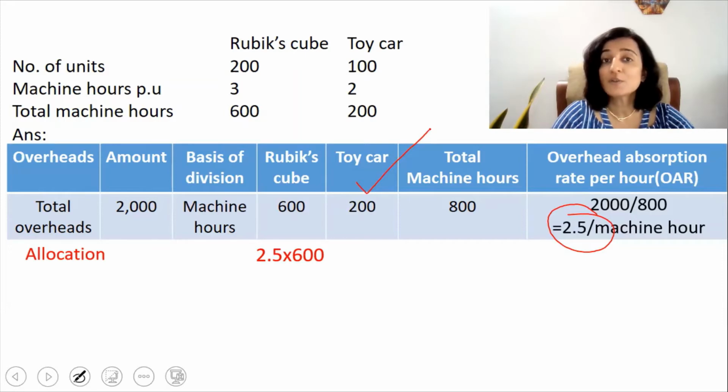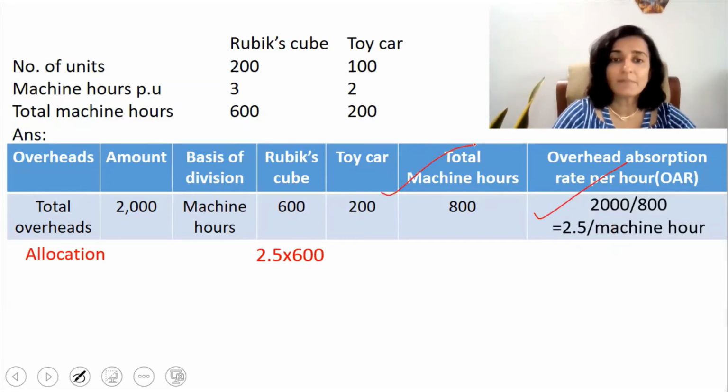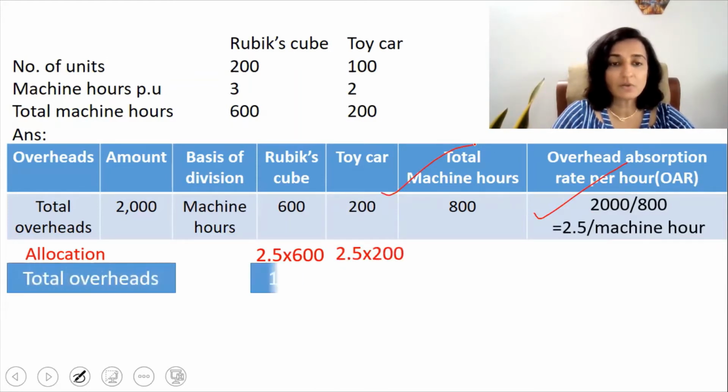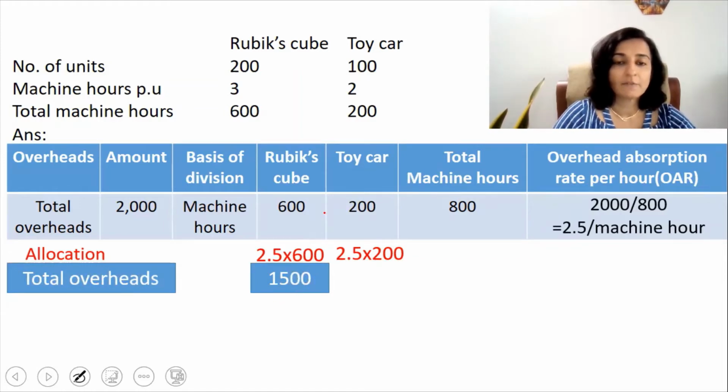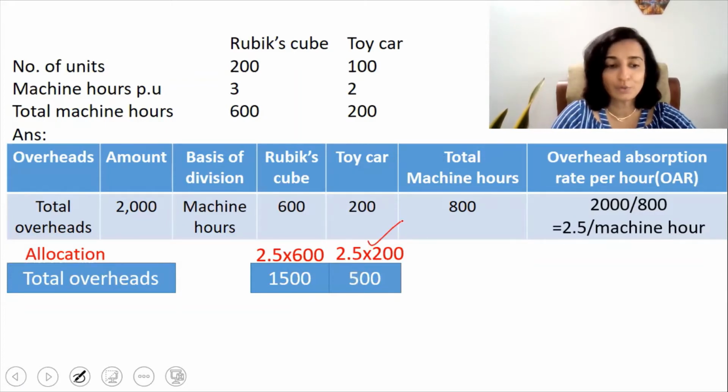So the amount that is to be allocated to the toy car is 2.5 multiplied by 200. So let's do the calculation. So the total overheads relating to Rubik's Cube is 1,500. That is 2.5 into 600. And for the toy car, it is $500. That is 2.5 into 200.